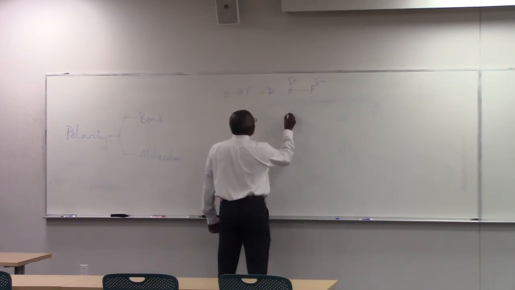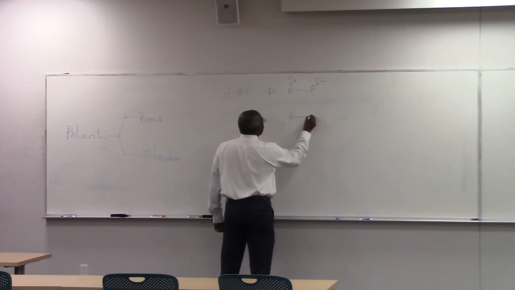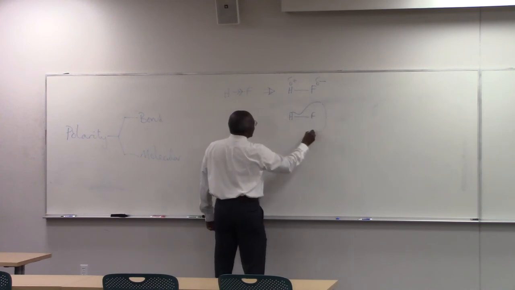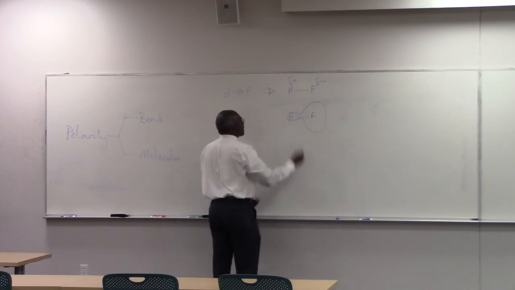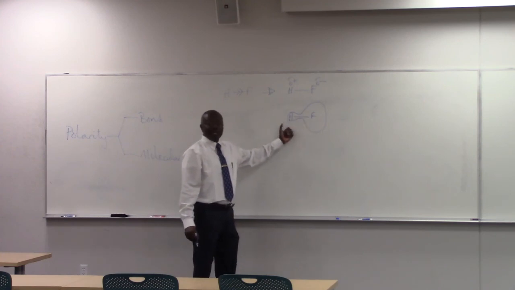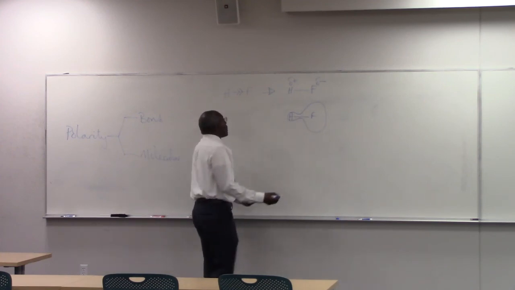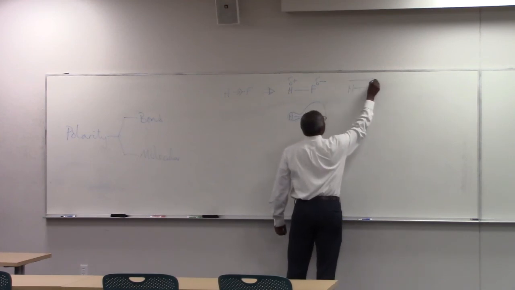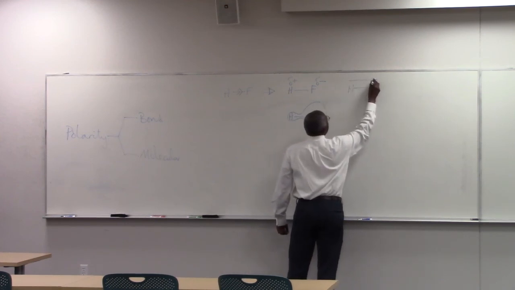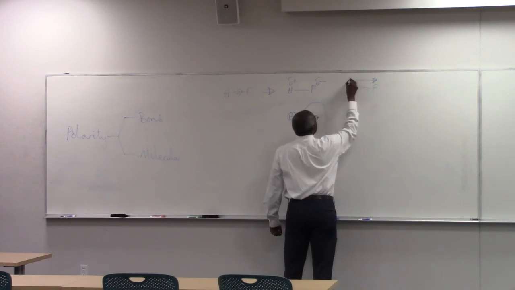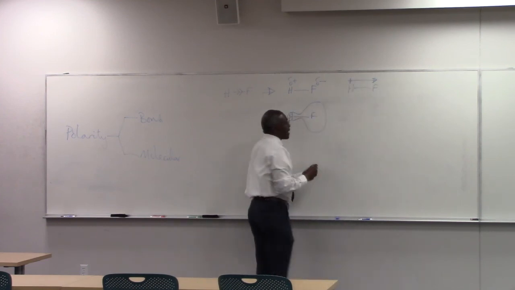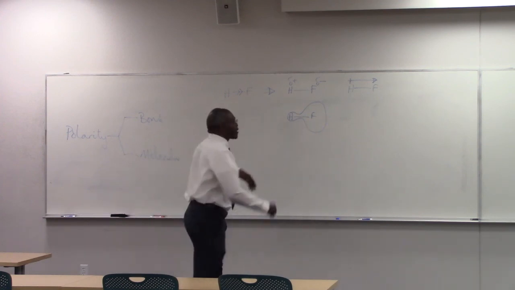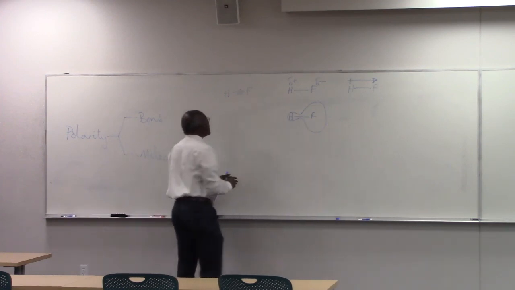I could also represent that by saying there is a swell of electron density around the F, but a relative paucity of electron density around the H. Or I can say that the electrons in the HF bond drift towards the fluorine and away from the H. So all of these are equivalent depictions of the same idea.